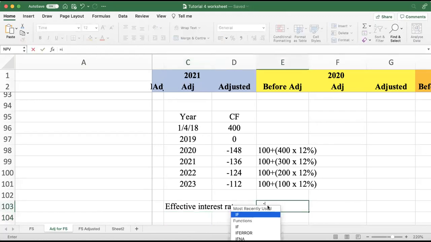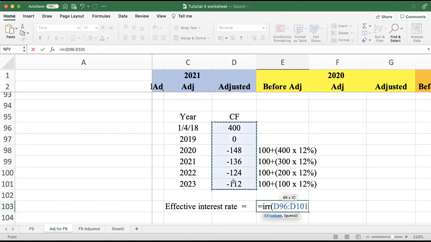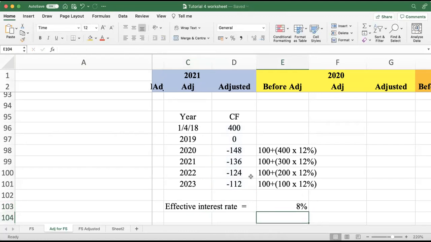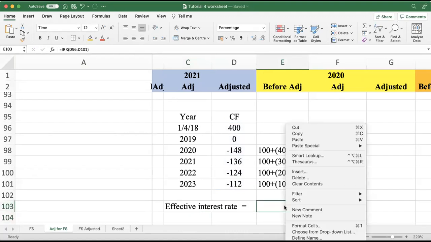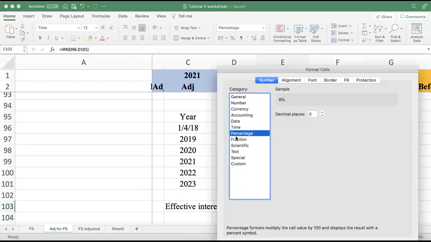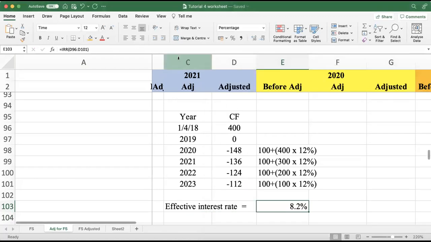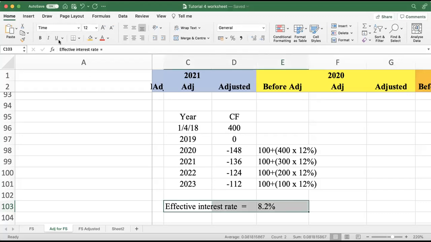Then you select these cash flows. You see the effective interest rate is 8.2%.